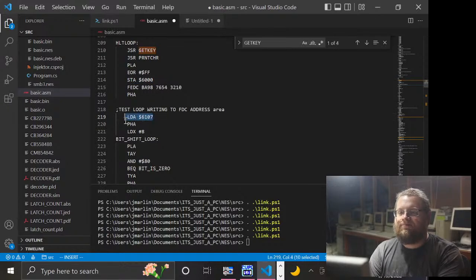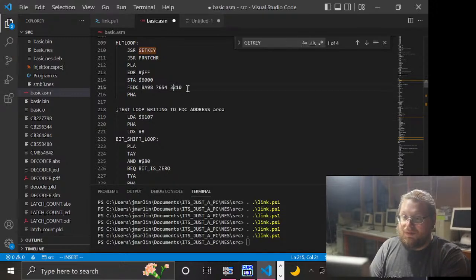I used 6107 in this code for accessing the floppy register. But A11 is not the first bit of the third nibble here. It is bit 0, 1, 2, 3, 4, 5, 6, 7, 8, 9, 10, 11.